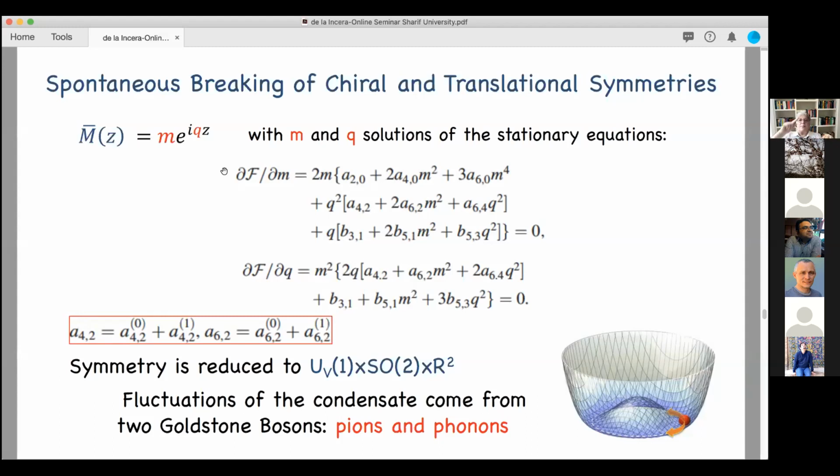Whatever the magnitude of the condensate is at a given z, if you move along x and y it's the same, because it does not depend on x and y. So the background looks like a wave in space. It's spatially inhomogeneous in the z direction.